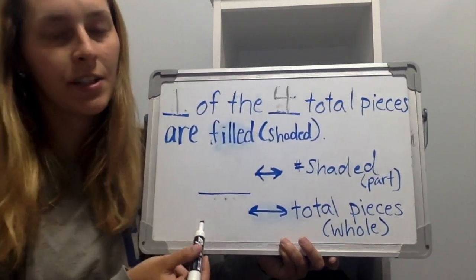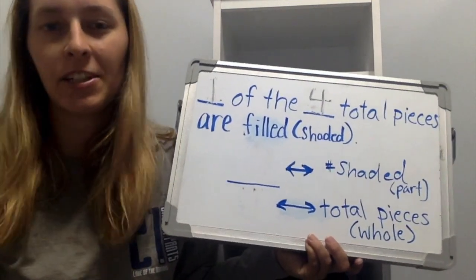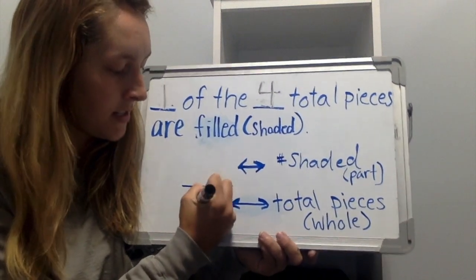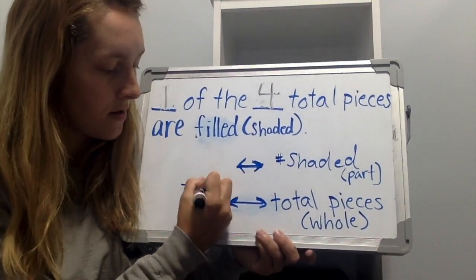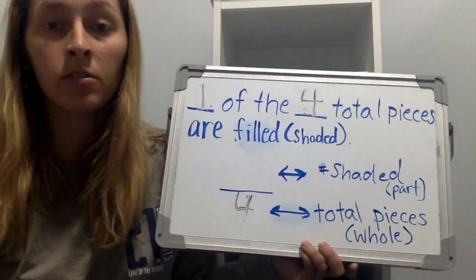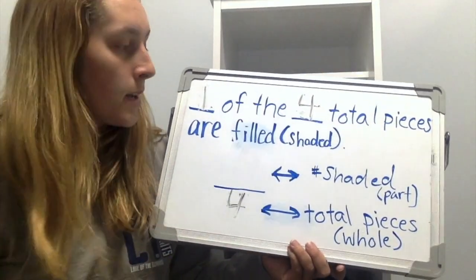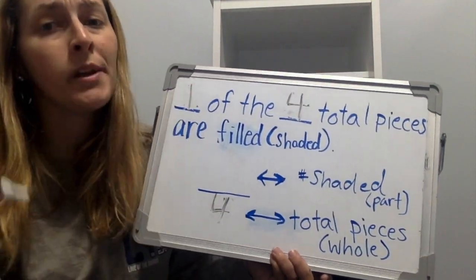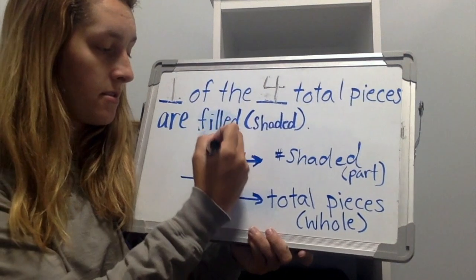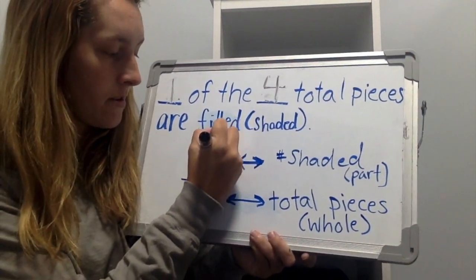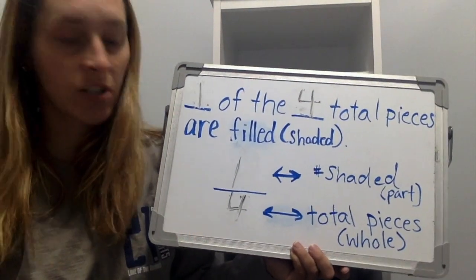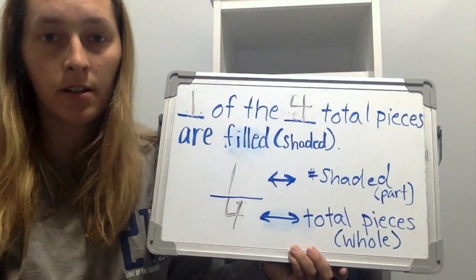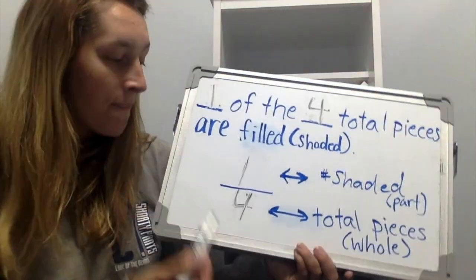Finish the numerator, finish the denominator, and we got a fraction. Our total pieces for this one is still 4. We've got 4 total equal parts. But the number of shaded parts changed this time. We only have 1 shaded in or filled. So that changed our fraction. Now our fraction is 1/4.